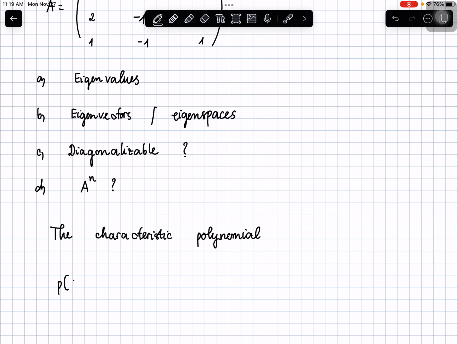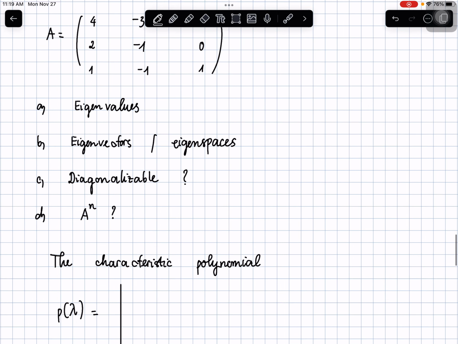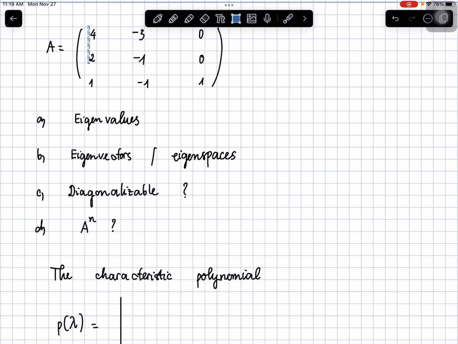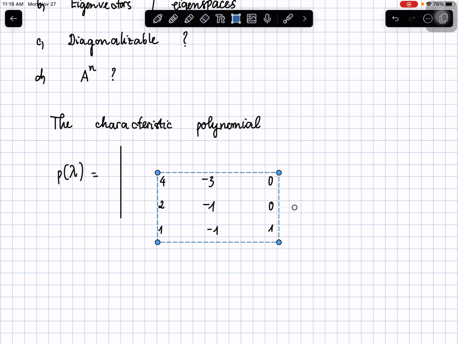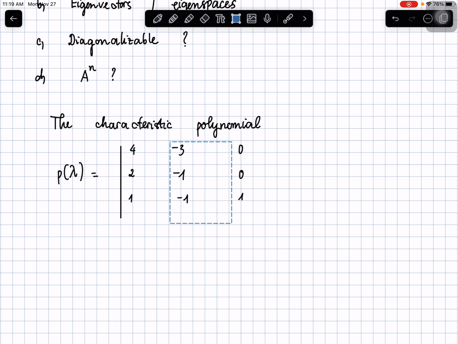Say P(lambda) is the determinant of this matrix. Minus lambda, minus lambda, minus lambda.